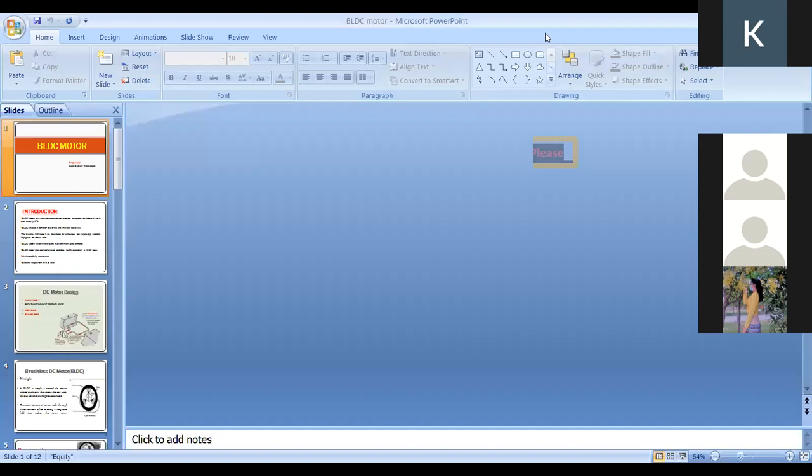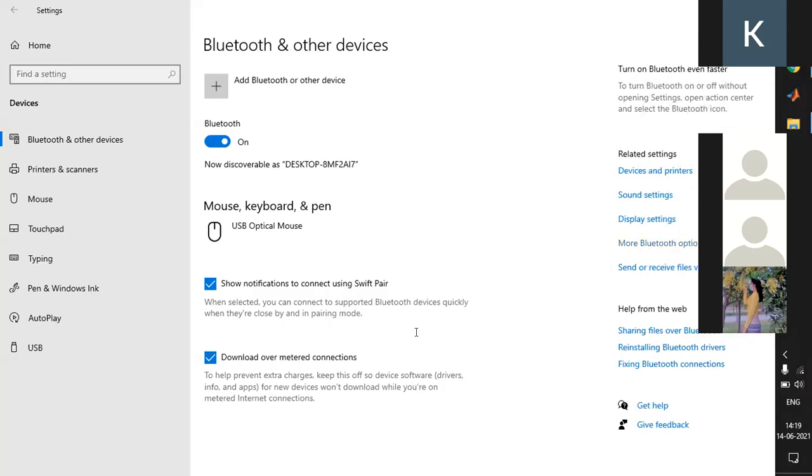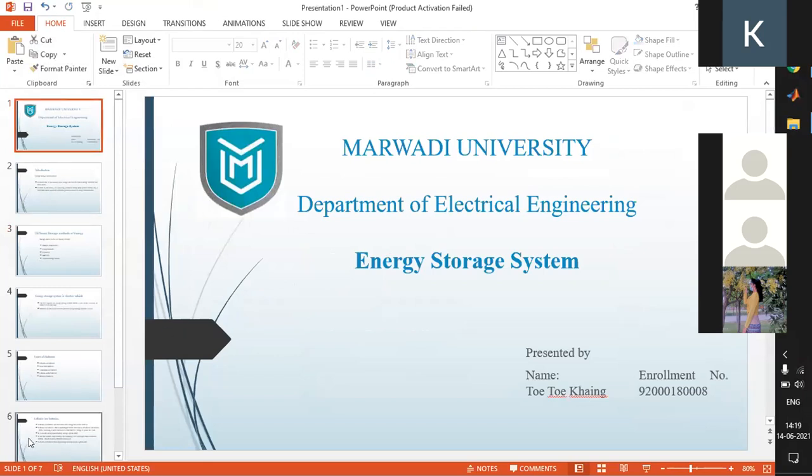You can share the screen. Okay, Toy, now you are host. Yes, your screen is visible.